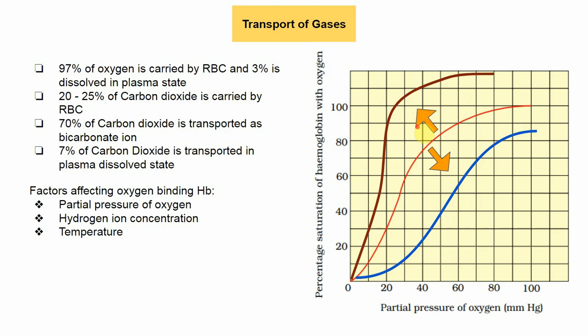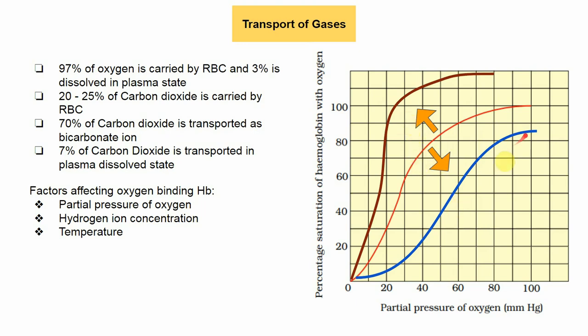So what does this mean? What does the moving of the curve towards the left side mean? It means that oxygen is binding more strongly with the hemoglobin. This is the condition only when the hydrogen ion concentration is less, temperature is also less, and a higher partial pressure of oxygen is observed, and also strong binding of oxygen to the hemoglobin is there.